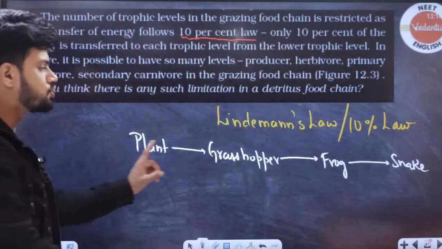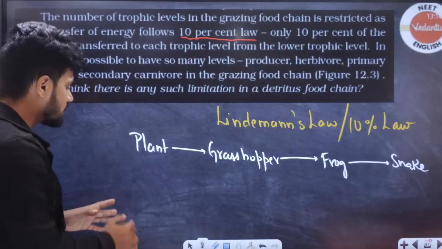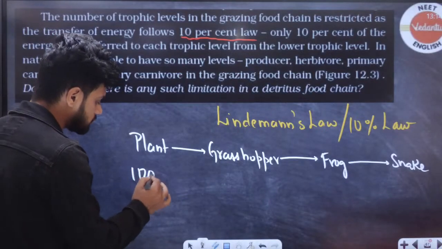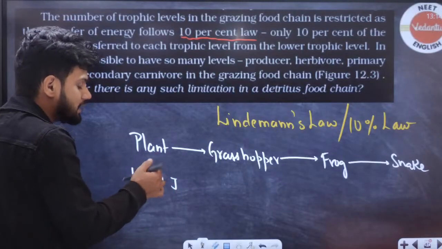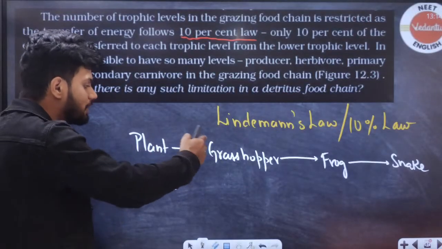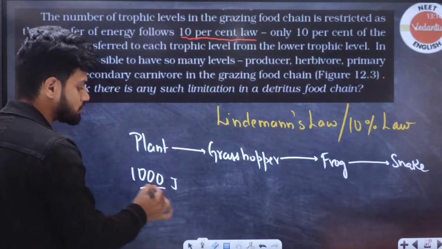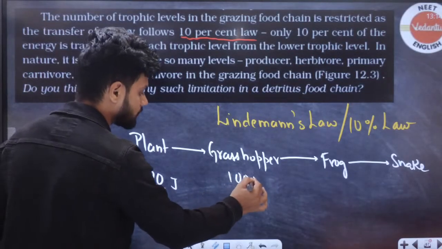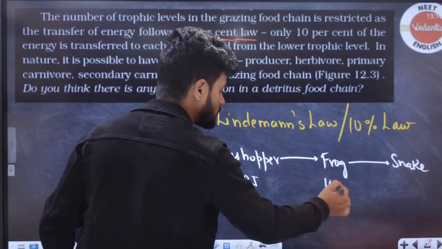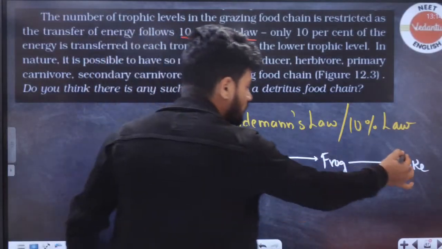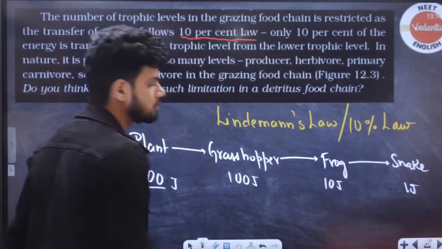In this simple food chain, let's say we have 1000 joules of energy. 90% is consumed by the plants, 10% is given to the next level. So 10% of 1000 is 100 joules here. 10% is sent to the next trophic level, 10 joules here. Snake, 1 joule. That's all.